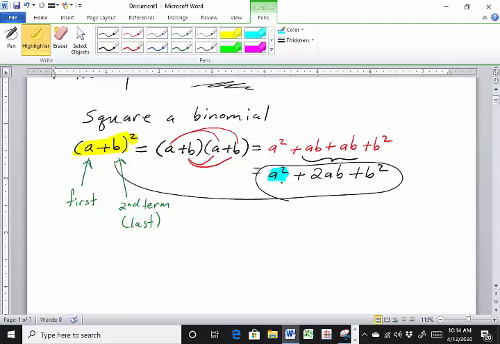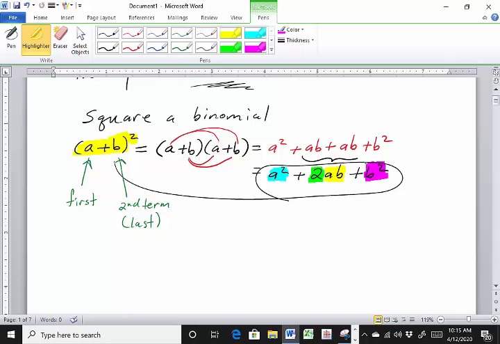And then notice that the first and second term are multiplied together, so the a times the b are multiplied together, and then it's multiplied by 2. So what that means is you're doubling the product of the first and the second term, or the first and the last term, right? You're doubling it. Anytime you multiply by 2, you double it, okay? And then this b squared, that's the second term, or the last term, is just being squared, okay?